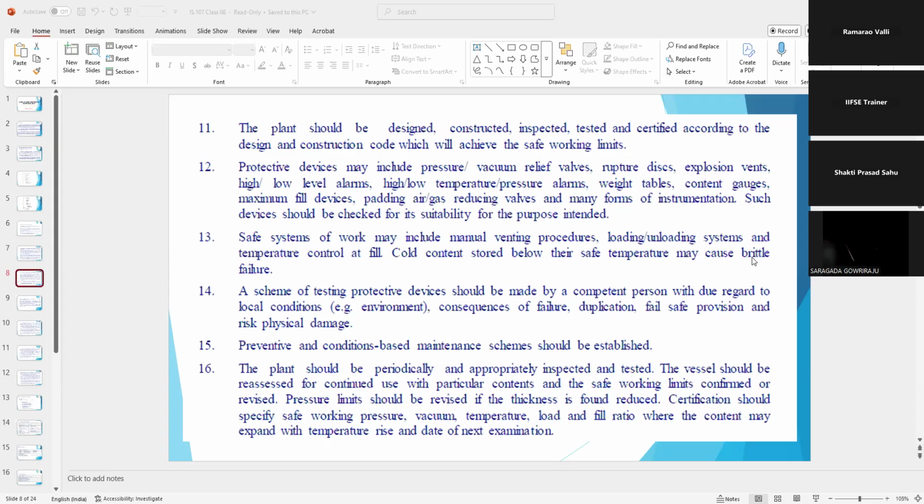Maybe there is another technique which is HAZOP, Hazard and Operability Study. Have you heard about it, Ramarao? Yes, sir. Basically, this HAZOP we use to identify all the design or process deviations.